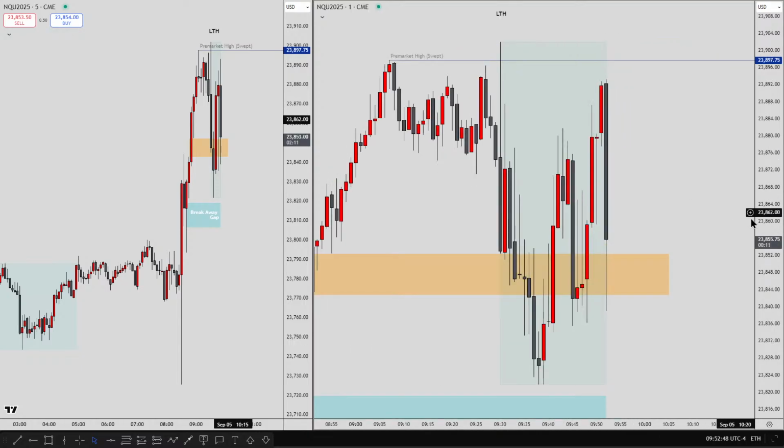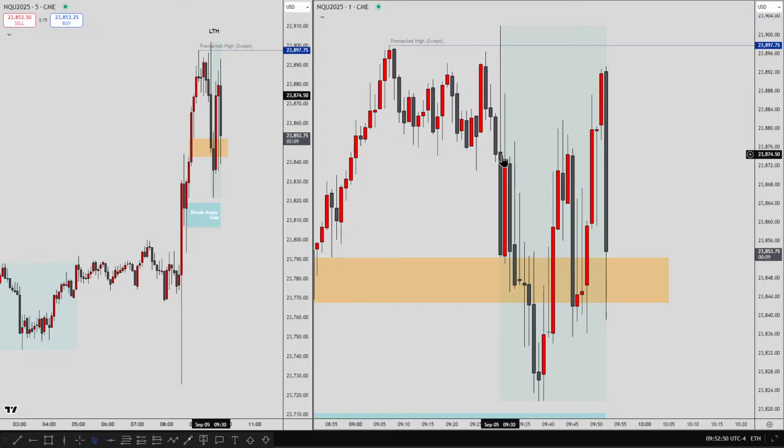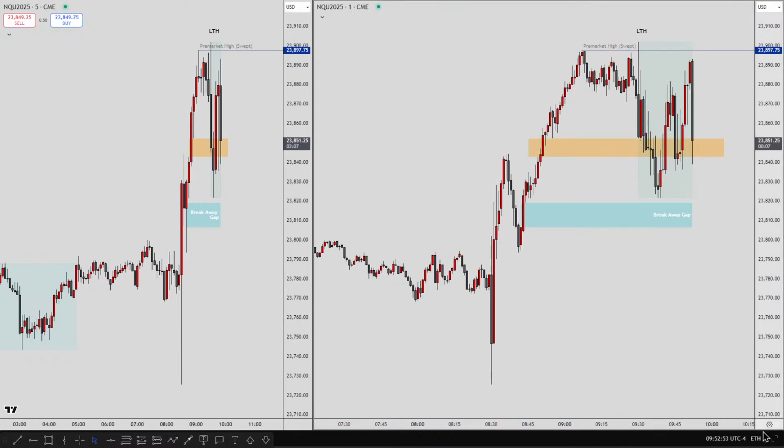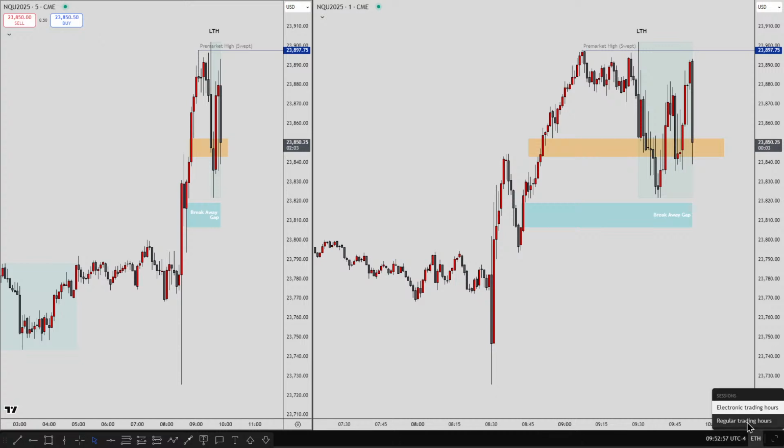Okay, so here I would be looking at the 9:30 opening price. Wait, where's my opening range gap?